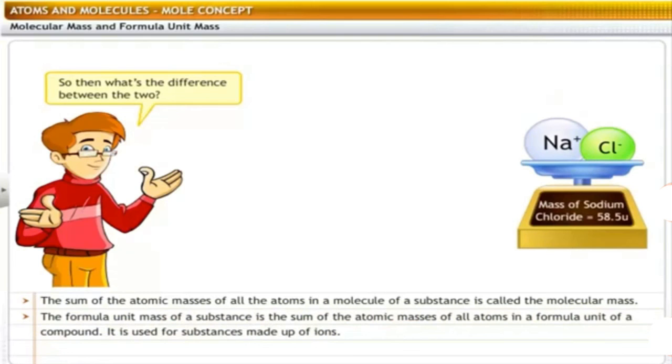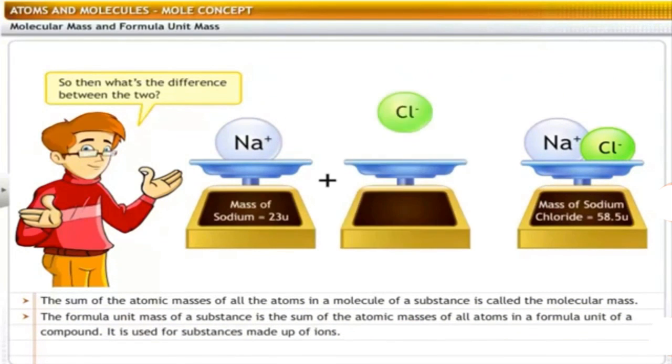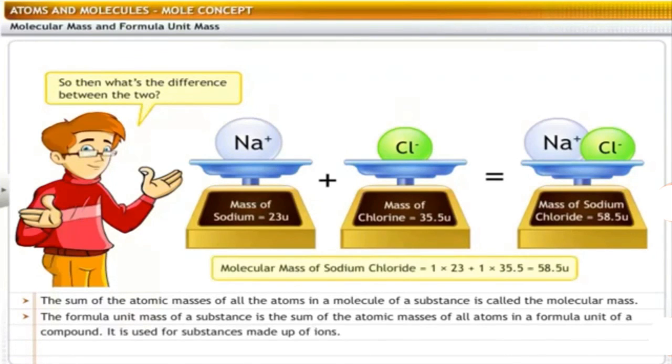For example, sodium chloride that contains sodium and chlorine. And its mass is equal to 1 multiplied by 23 plus 1 multiplied by 35.5, which is equal to 58.5 atomic mass units. And hence this u will be read as atomic mass unit.